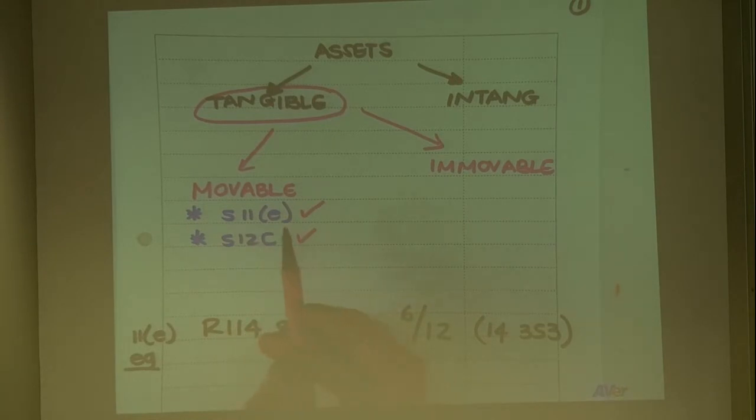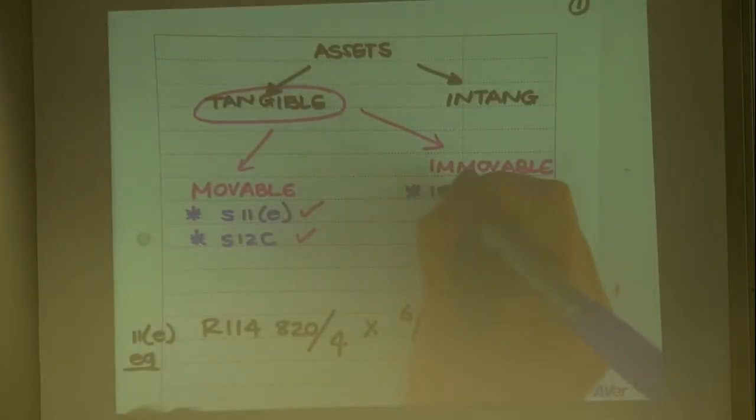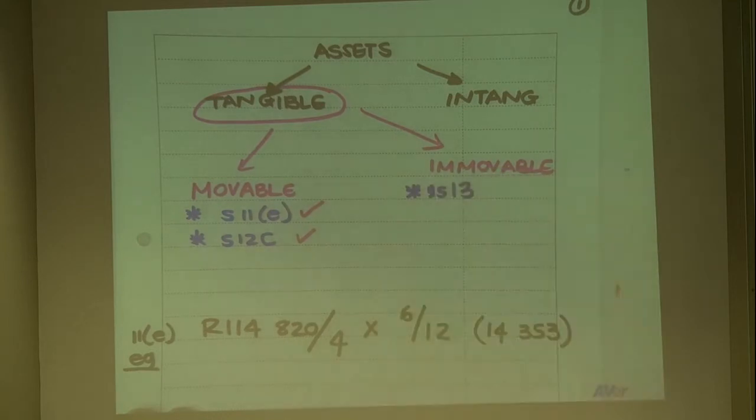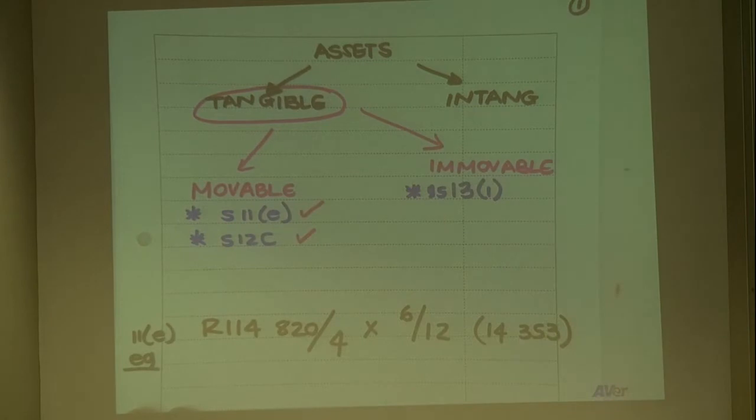Right, let's quickly speak about immovable assets. The immovable assets that we are going to deal with on this course, firstly, is our section 13 assets, and sometimes we refer to it as section 13.1.